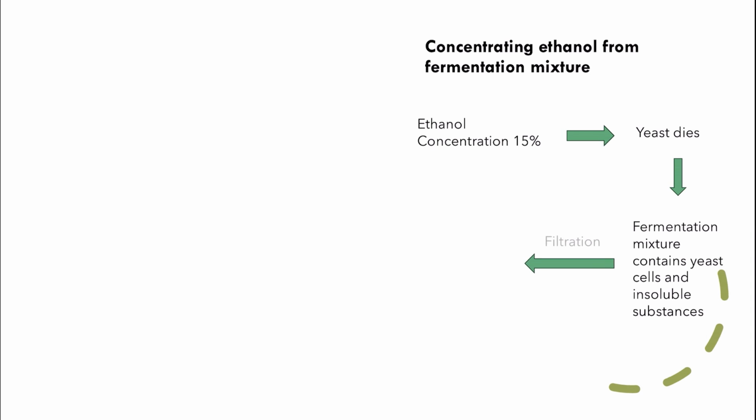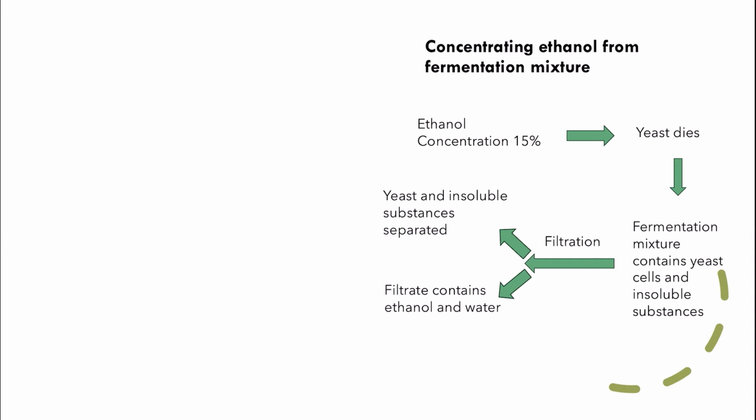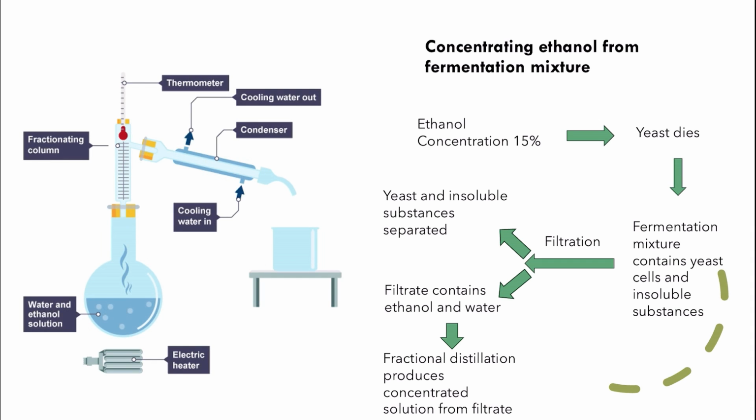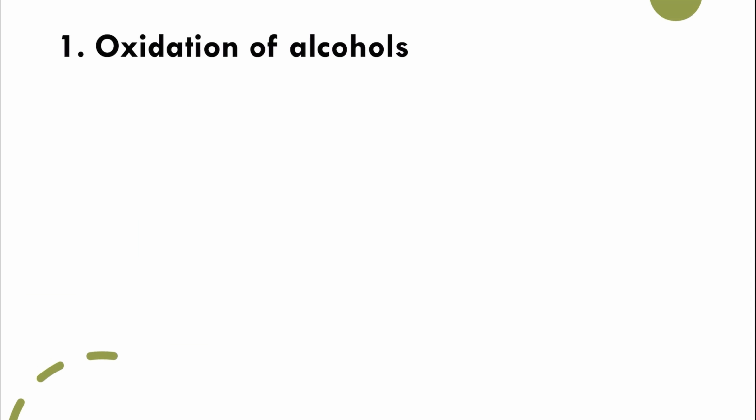You need to separate these by filtration, and then the filtrate will contain ethanol and water. Then you need to concentrate the ethanol by using fractional distillation, which will give you concentrated ethanol. We can use fractional distillation because the boiling point of ethanol is less than the boiling point of water.